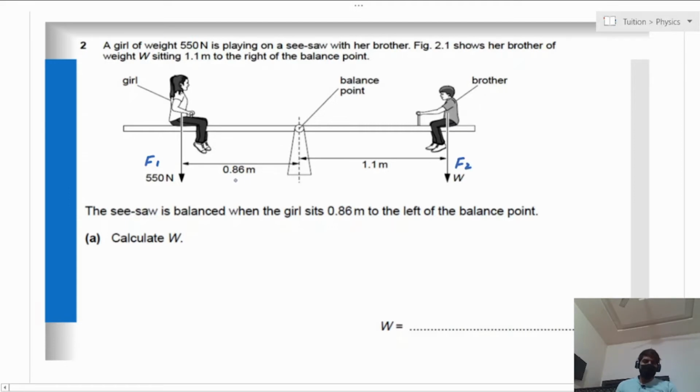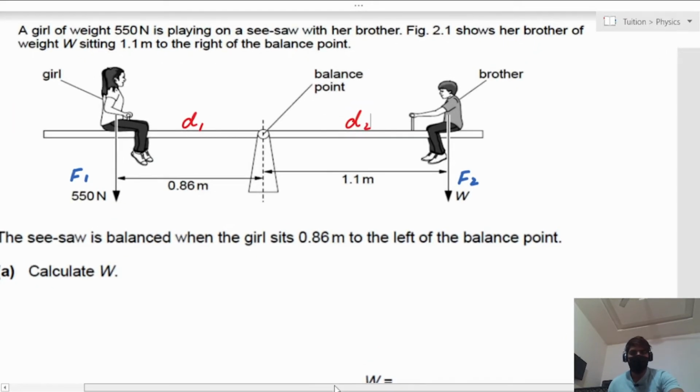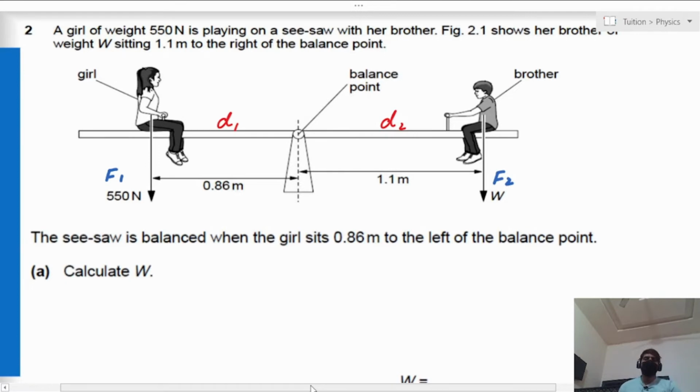Then you're also given the distance of the first force from the pivot, which you can label as D1, and the distance of her brother from the pivot is given as 1.1, you can label it as D2. Alright, so this is the data, and you need to find the force F2, which they have called weight.